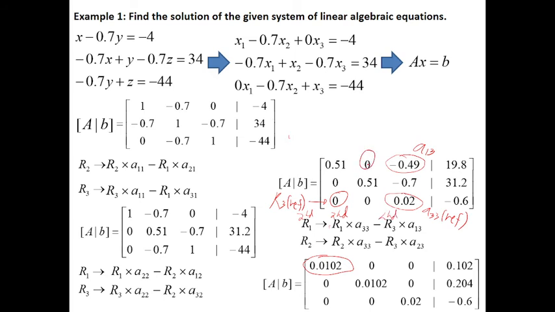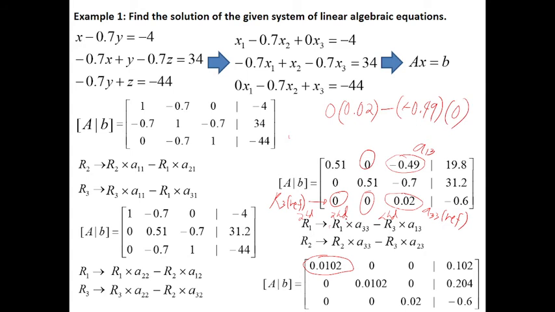So, 0 multiplied by 0.02, minus negative 0.49 multiplied by 0.